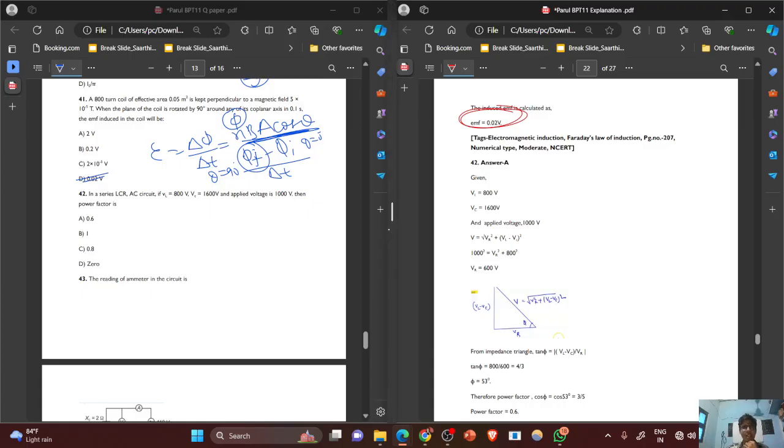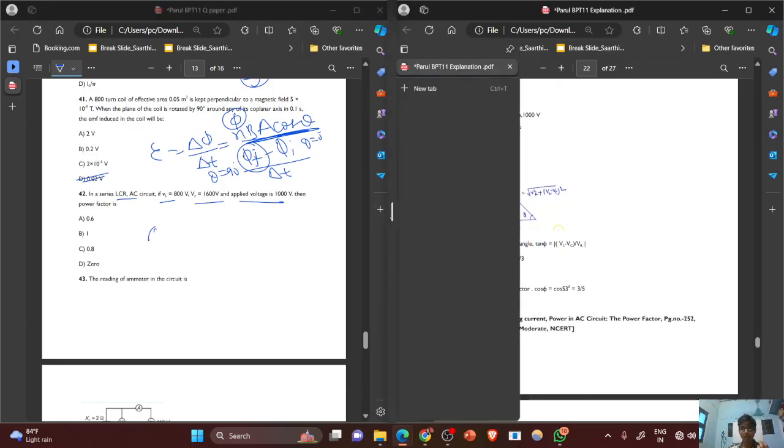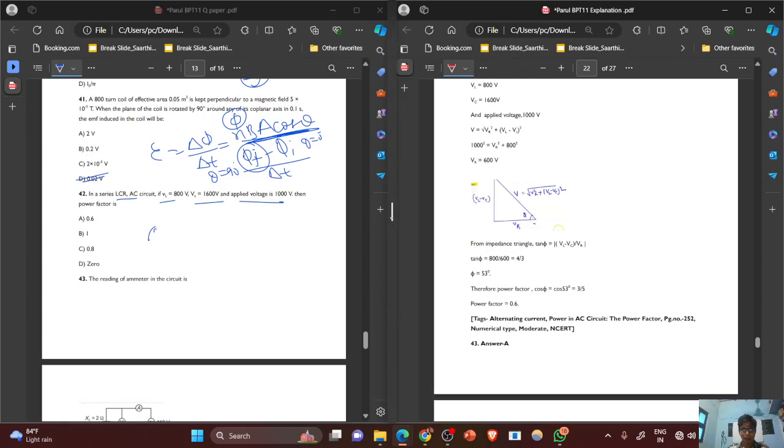Now moving ahead. In a series LCR circuit, VL is given, VC is given, and the applied voltage is given. It's again a simple question. You just need to calculate the power factor. Power factor is simply cos phi, so you just need to calculate the phi angle.